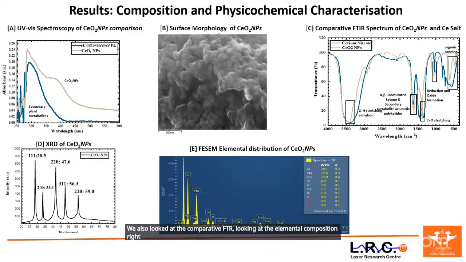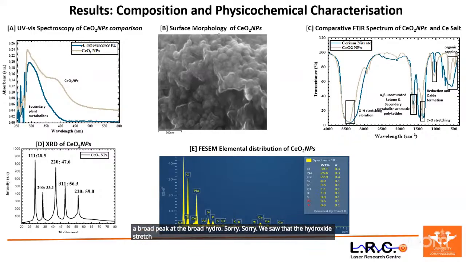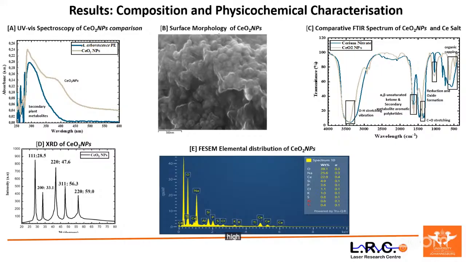In this, we saw the broad peak of the hydroxide stretch vibration around 3,500 wavenumbers, which showed that there had been hydration of our nanoparticles, which is also shown in the drying out as shown in figure 3.